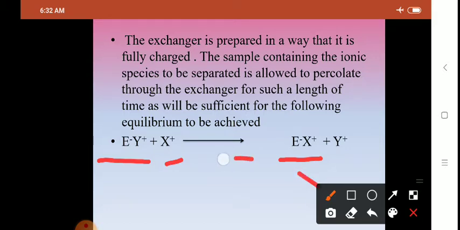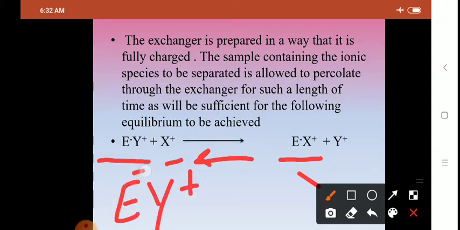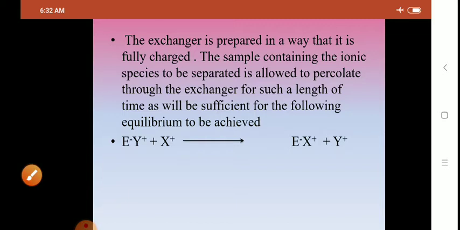So this is the equilibrium which is achieved. Your exchanger contains Y plus counter ions, and they are exchanged by the X plus ions that are present in the sample.